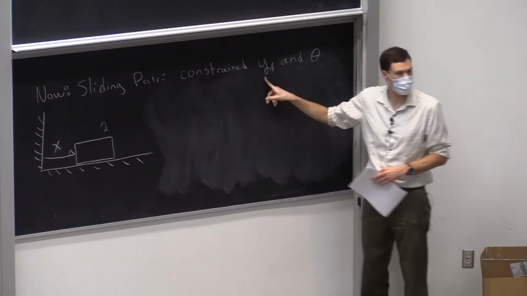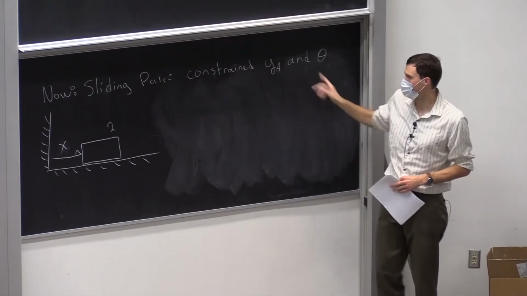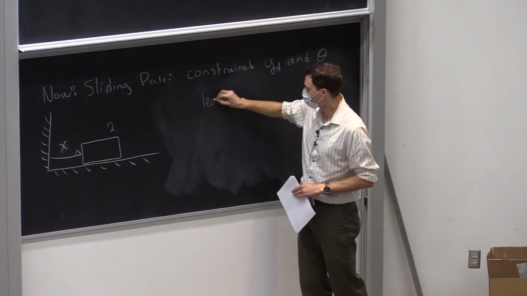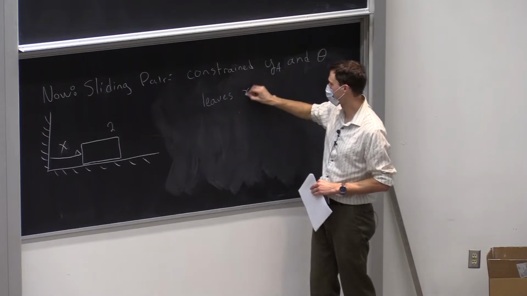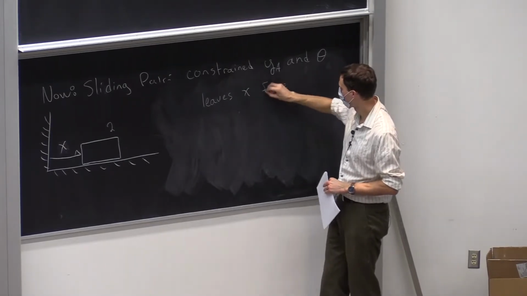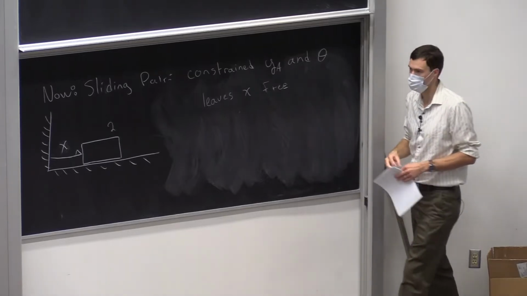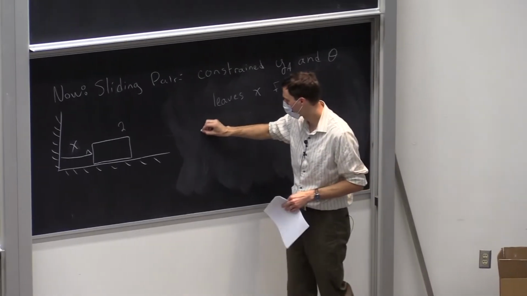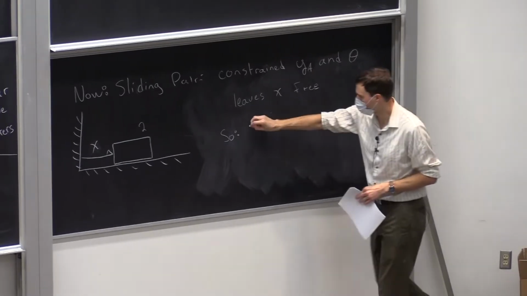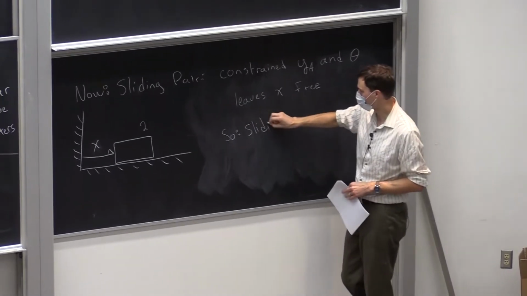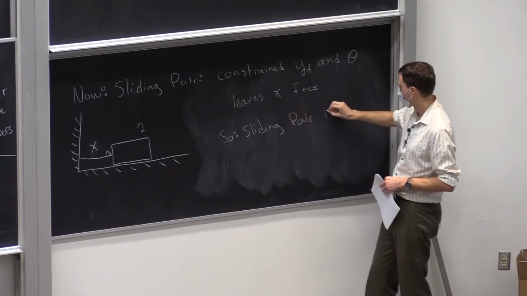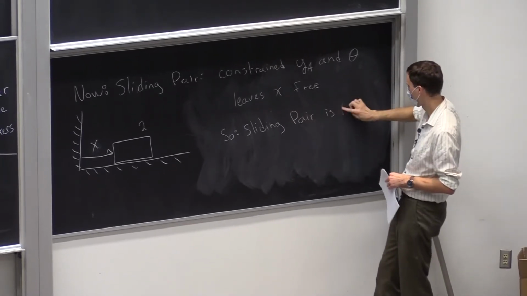So just like our turning pair, the sliding pair also constrains 2 parameters and leaves x free. So one parameter is free, two parameters fixed. It's the same story as the turning pair. So our conclusion here is that a sliding pair is also an example of a 1 degree of freedom kinematic pair.